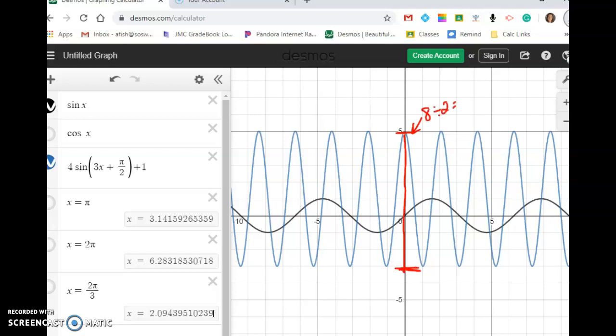But like I said, cut it in half, and that gets you your amplitude. So if I look at the 8 and divide it by 2, I get 4. So if I cut that and actually count down my 4, this is going to give me my vertical shift of a positive 1. So we did good there.